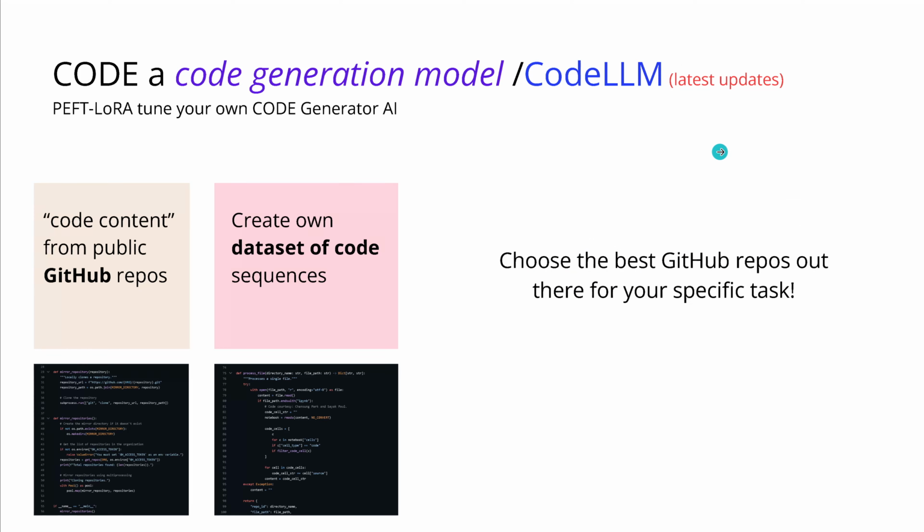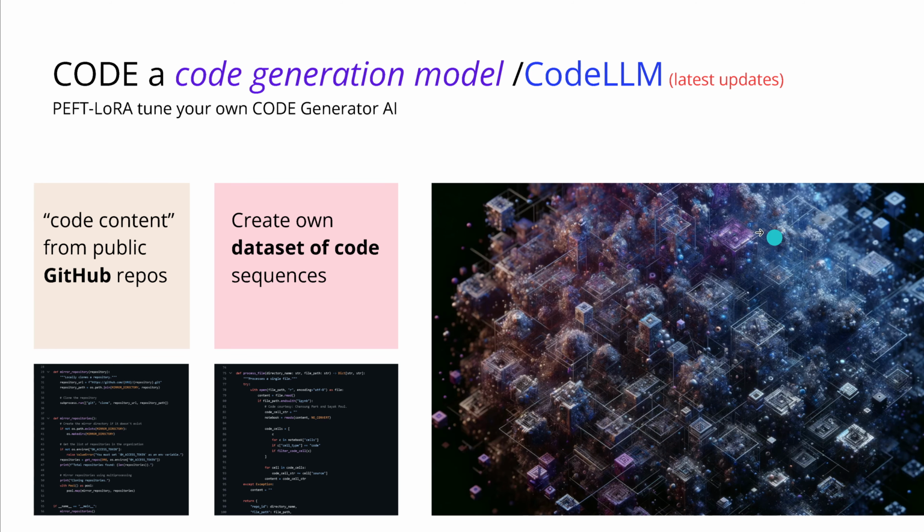And then, of course, the beauty, if we do it ourselves, is we choose the best GitHub repos out there for our specific task. So this means, if you think about all the GitHub repos here as little 3D cubes, I don't need, from thousands and thousands of repos, to extract here, and this is the little dust you see in this image here, the code.